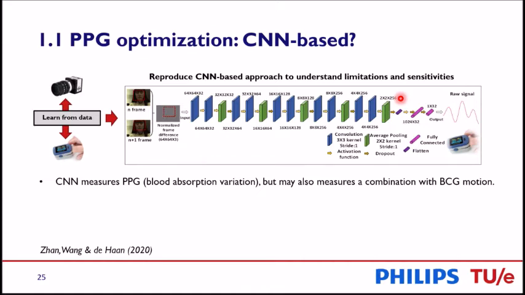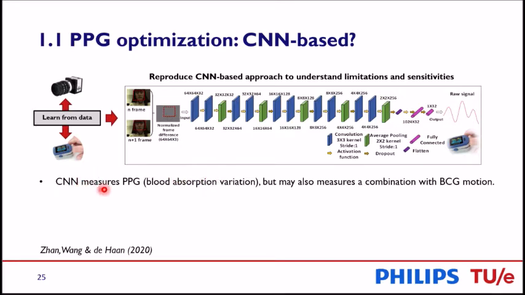The first is that we find that the CNN indeed measures the PPG. It's not only the BCG or ballistocardiographic motion, because if we use an RGB camera to train the CNN, and if we reverse the order of the RGB channels, for example, test on the BGR order, it will not work.